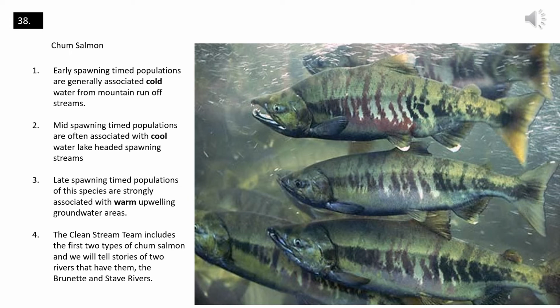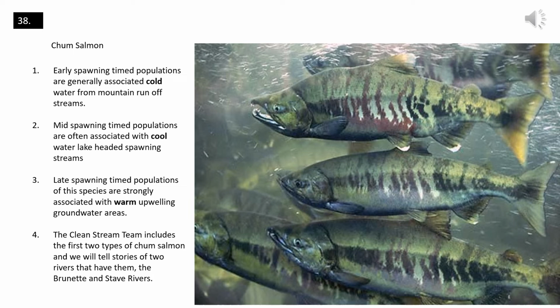Mid-timing populations spawn in surface flow rivers, but perhaps with a lake that holds a little bit of heat. Cheakamus River comes to mind, the Alouette River, the Stave River. Those are called mid-timing populations. Those two populations are included in the clean stream team.